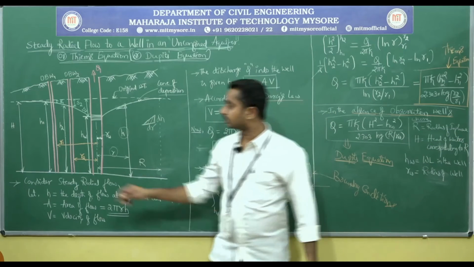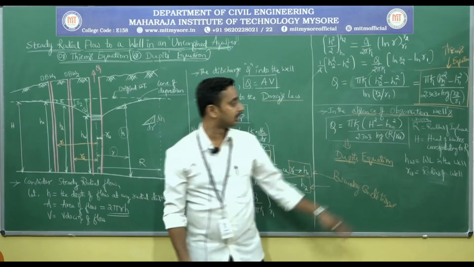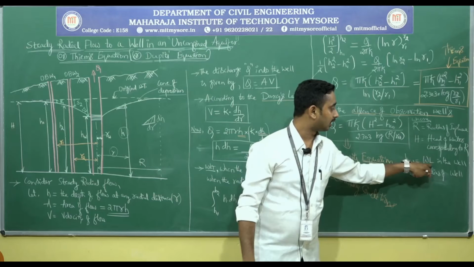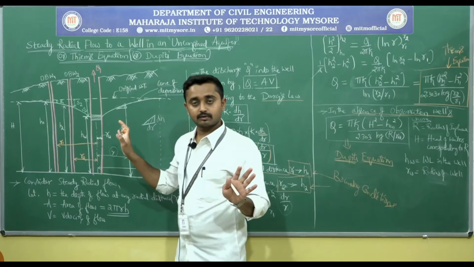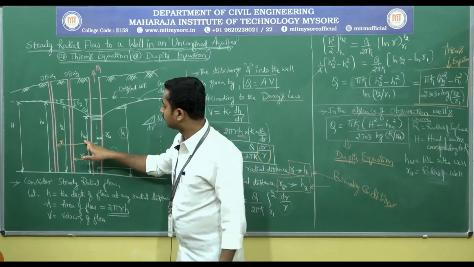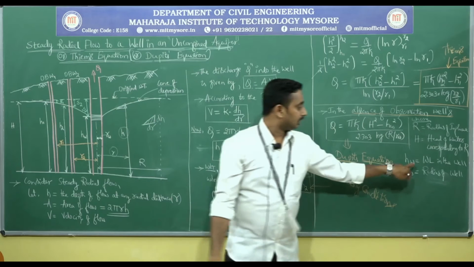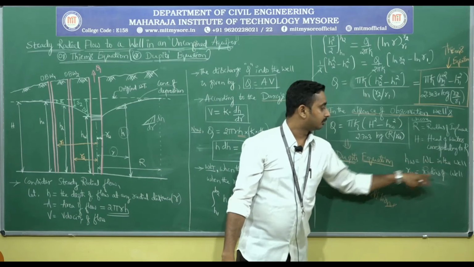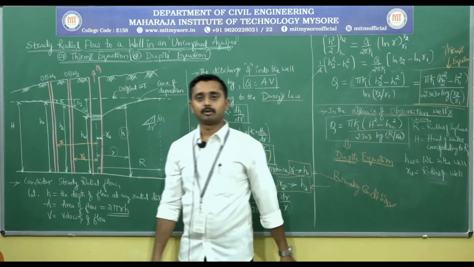H is the head of water, the full head of water. Hw is the water level in the well. There is no observation well, please remember that point. Hw means water level in the pumping well, and rw is the radius of the pumping well.